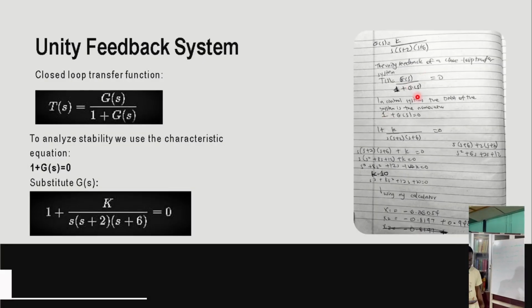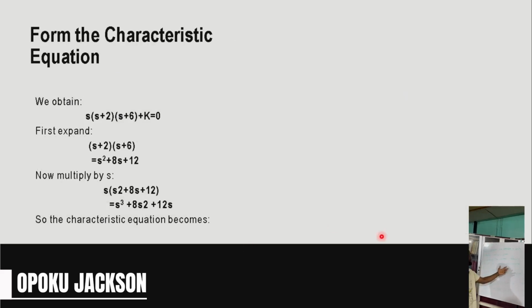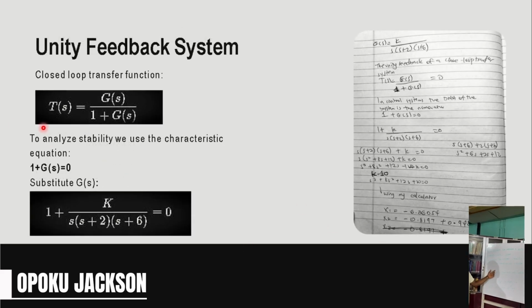I'm presenting on the unity feedback system and characteristic equation. In the system, we consider a unity feedback control system to analyze the system stability. We use the characteristic equation 1 plus G of s equals 0, where G of s is the open loop transfer function.